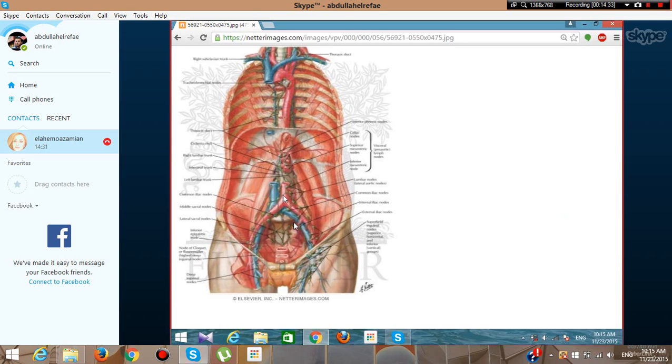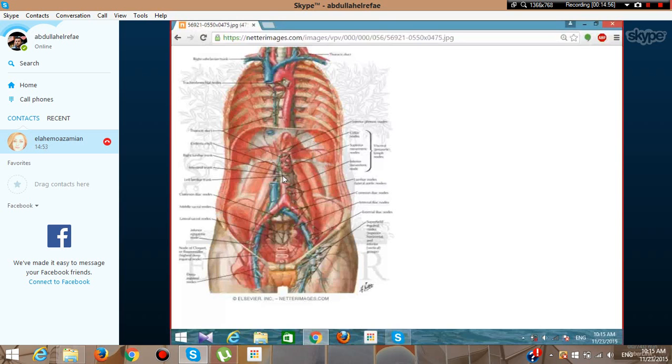Into lumbar nodes drain the parietal part of the abdominal cavity and the paired visceral organs. It means posterior abdominal wall, and from kidney, ureter, testes, ovary, they drain into lumbar nodes. From these nodes, you get two trunks, right and left lumbar trunk.